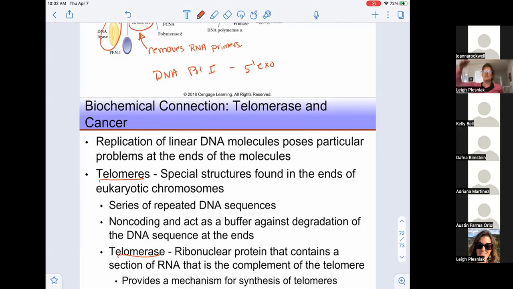And every time a cell undergoes cell division, the telomeres get shorter. It's actually a hallmark of aging: when you are young, you have very long telomeres. And I think it's thought to be protective of the ends of the chromosomes. But every time a cell goes through cell division, the telomeres get shorter.